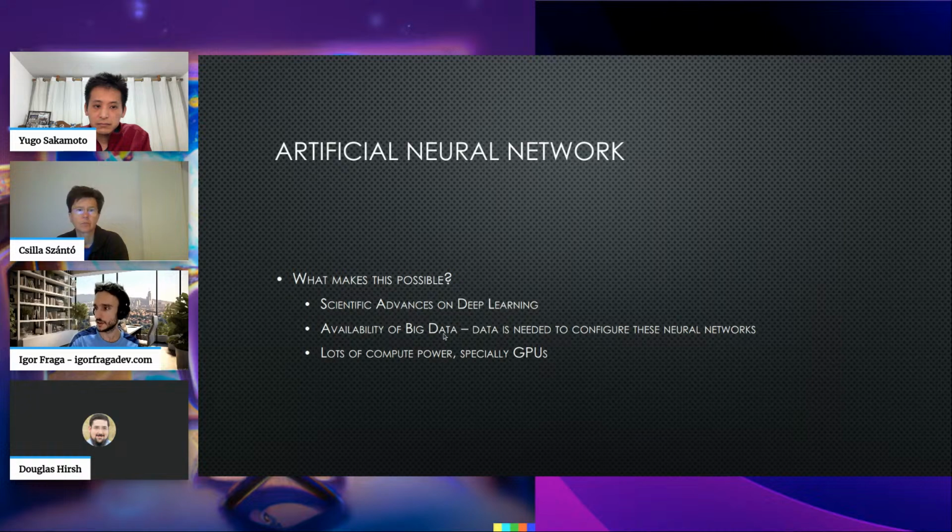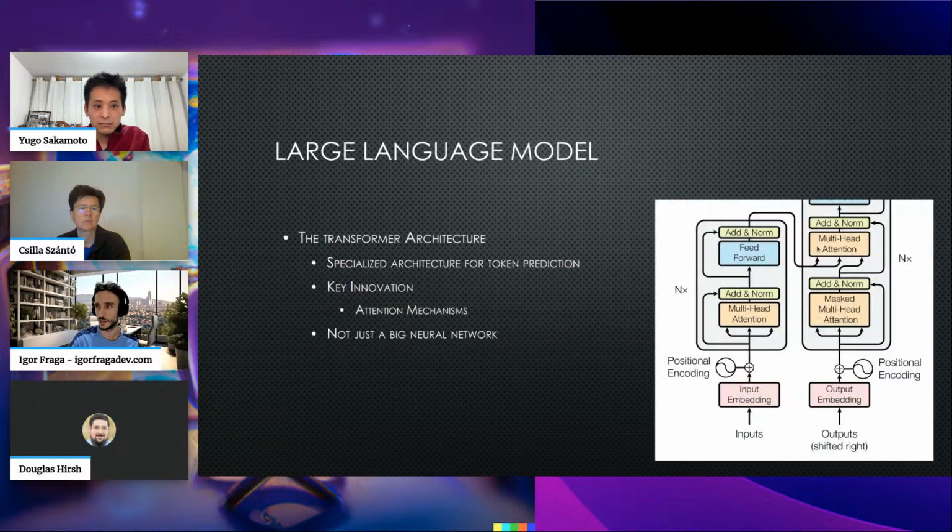The availability of big data, we need lots of data to configure these neural networks, and especially lots of compute power, especially GPUs. And this is where the NVIDIA is doing a hit right now, because we didn't have all of these three elements in the past as complete as we have right now, but the idea it's around for a while.